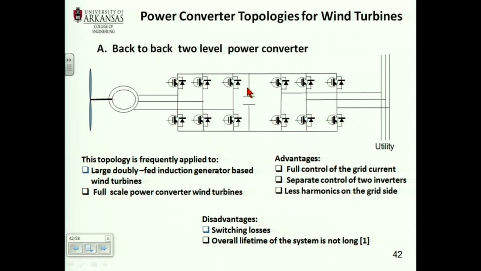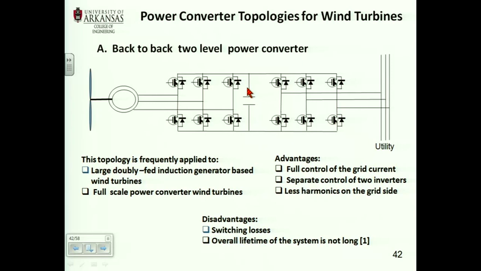You need 100. So it means 100 structures that you have to put in the ocean. Now, if you have 10 megawatt, how many turbines? So you just do the numbers. With 30 turbines, that means 30 structures that I have to set up. So that's the reason why they're trying to increase.